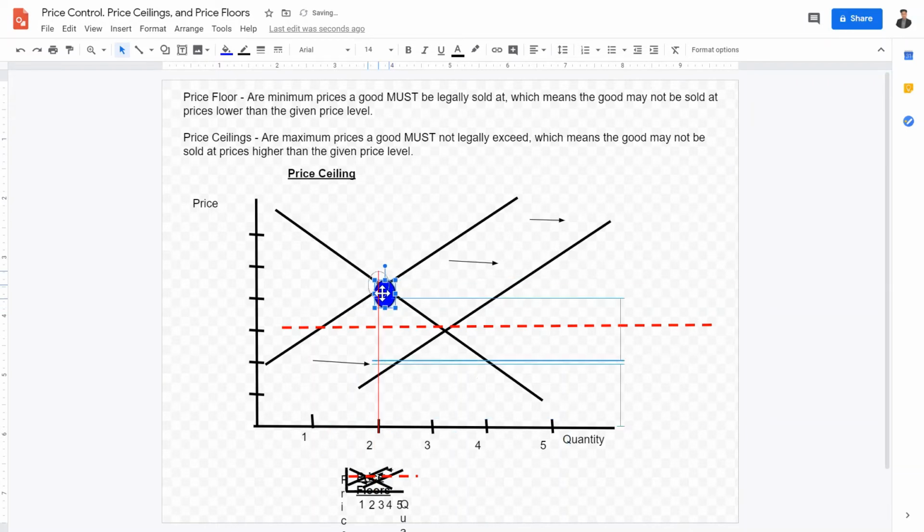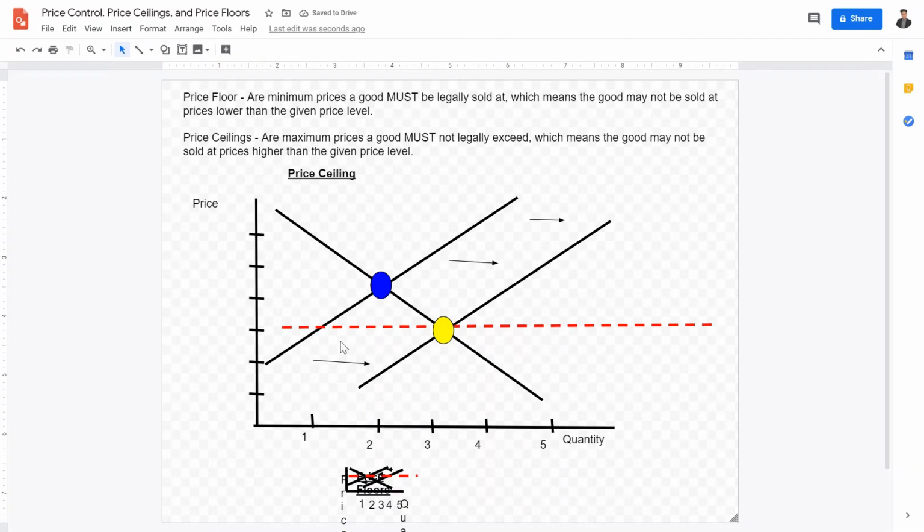However, since the free market equilibrium is higher than the socially optimum production quantity and price, the government sets a price ceiling, which is a maximum price, usually lower than the free market equilibrium. The government sets the price ceiling at this yellow dot, which shows the maximum price at which a good could be sold.